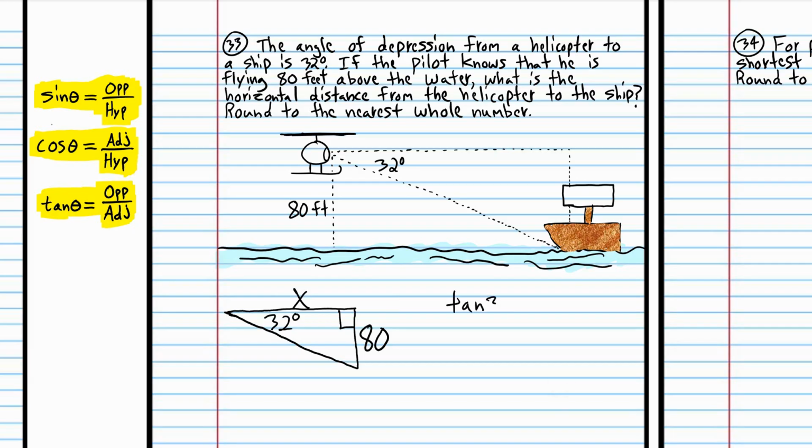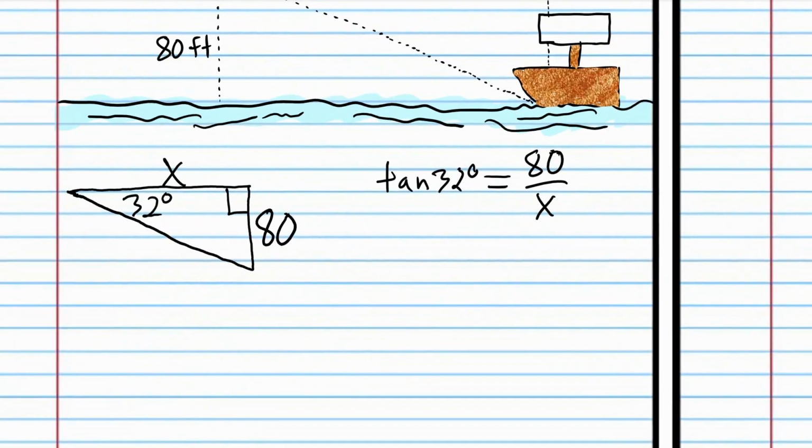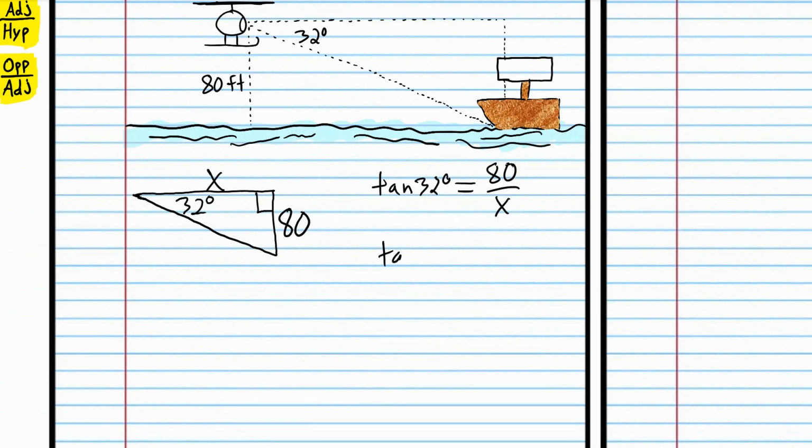So tangent 32 degrees is equal to opposite over adjacent. But now we have a variable in the denominator, so this is going to be a little bit more involved. So I'm going to write tangent 32 degrees over 1.